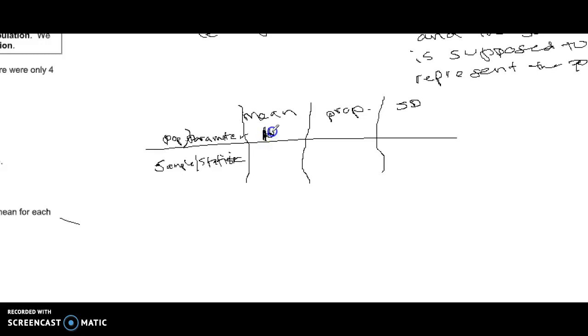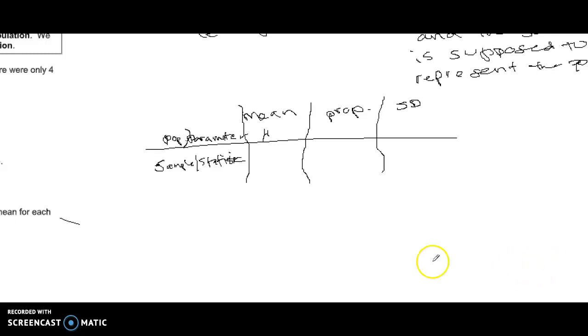is the Greek letter mu. Oops, that wasn't a very good one, was it? Let me try that again. That's better. And our sample is the X with the line over the top. Okay, that was even worse. Let's try this again.